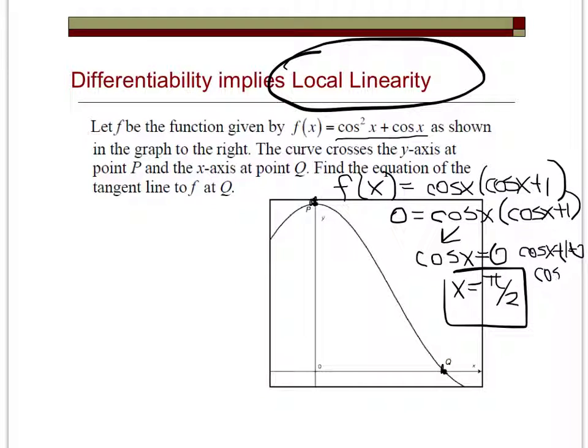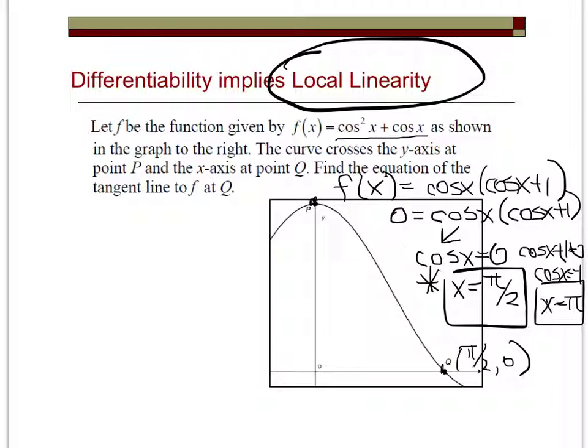Well, that's when cosine of x is negative 1. So, well, actually, cos x is negative 1 at pi. There we go. Okay. So since pi-half is the first x-intercept shown, then that is the value for Q. So Q is pi-half, 0.